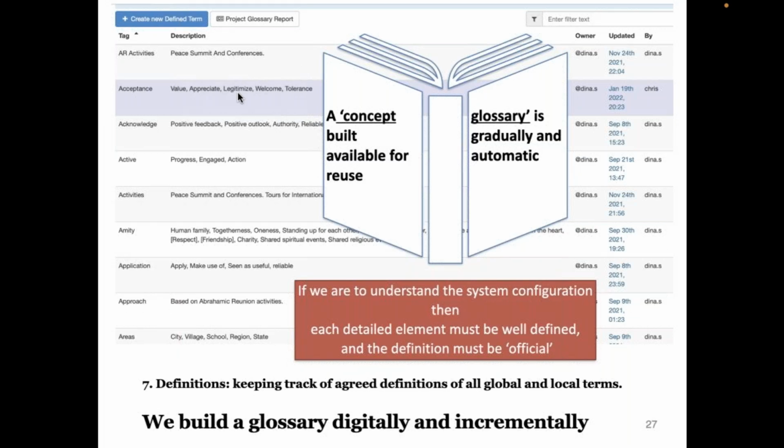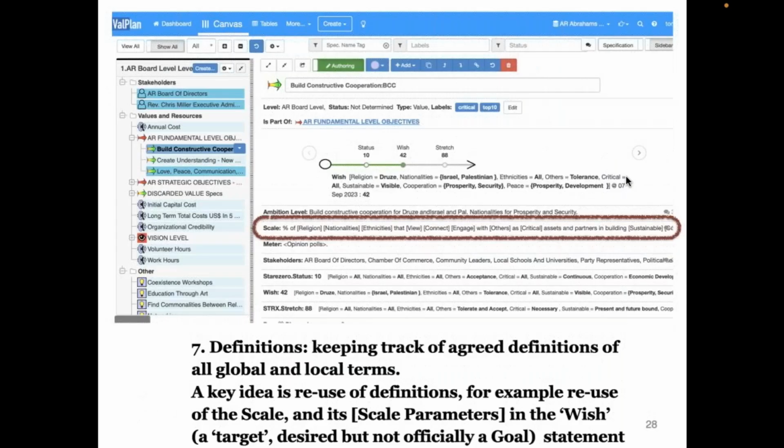And in this way, you get consistency of terminology, concepts and definitions throughout a project or an organization. This is built into ValPlan to capture the glossary and exactly who changed it and when, etc., or who created it.